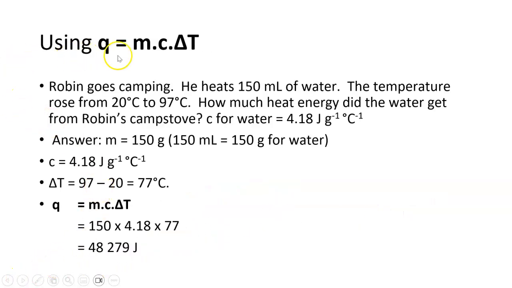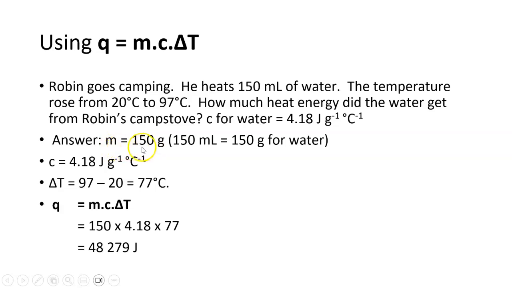How do we use Q equals MC delta T? Well, Robin goes camping. He heats 150 milliliters of water. The temperature rose from 20 degrees Celsius to 97 degrees Celsius. How much heat energy did the water get from Robin's camp stove? The C for the water, the specific heat capacity for the water, is 4.18.